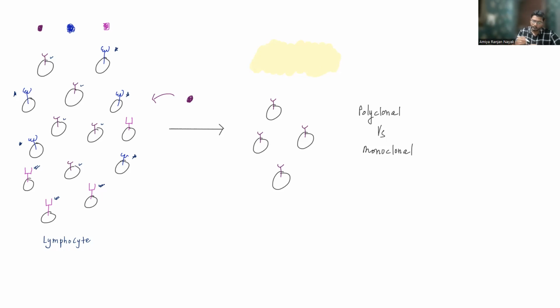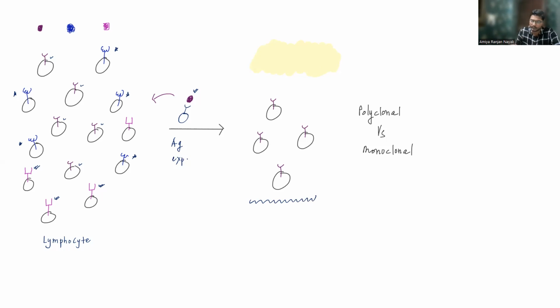Once the body encounters a particular type of antigen, only those lymphocytes which have a receptor for that particular antigen will get activated. So for example, if this antigen is exposed, only those lymphocytes which have a receptor for this antigen will be activated. So upon antigen exposure, only those lymphocytes that have a receptor for this particular antigen are selected and activated.